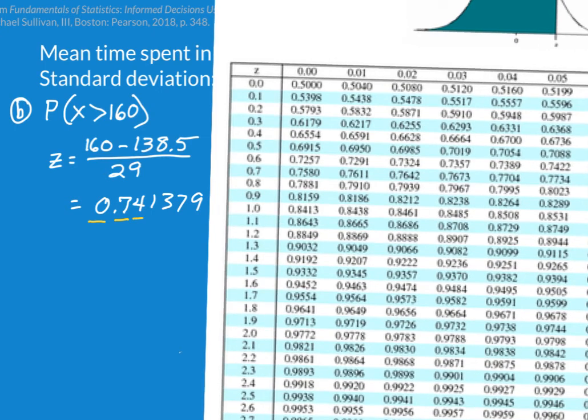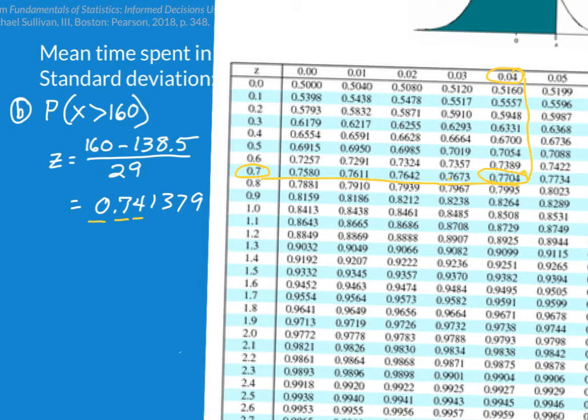But 0 is not the z-score we're interested in. We are interested in 0.74. So here is 0.7 and 0, 1, 2, 3, 4. So we're coming over this way and down this way, and our value is 0.7704.